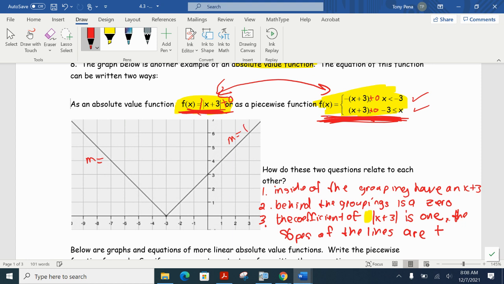That's this one over here. So this is the one that has a slope of a positive 1. And then if we look at the other one, this one, so we did that a number of times yesterday, is a negative 1. So this coefficient here is a positive 1. What that translates to over here isn't just a positive 1. It tells us that the slopes of those two lines are a positive 1 and a negative 1. And that's why we're creating that V there.